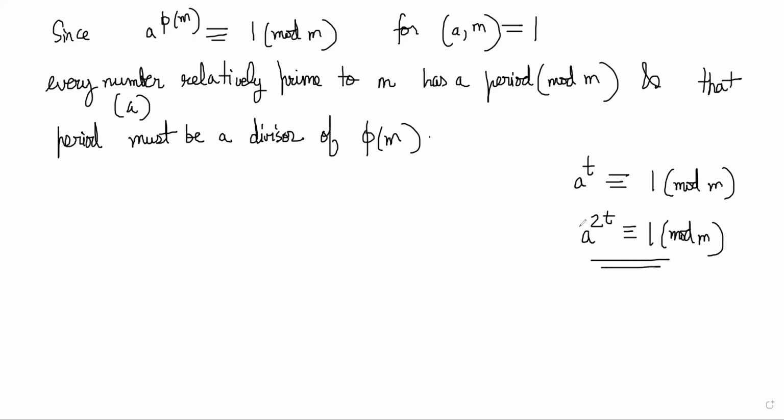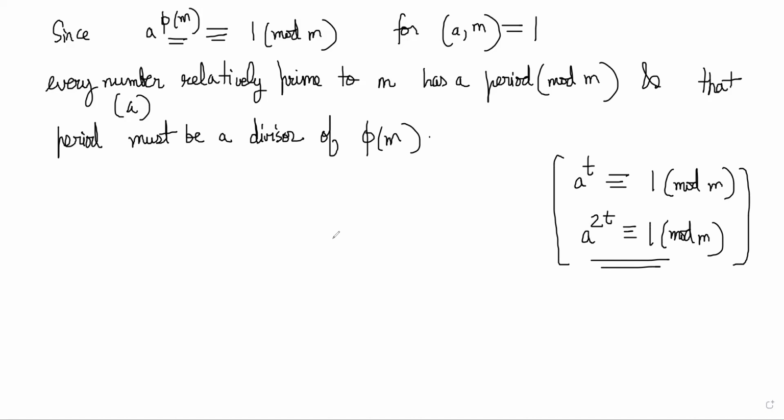So here we are getting phi of M. So phi of M must be a multiple of T. Or you can say, if T is the period, then T must divide phi of M. Basically, that's what I'm saying.